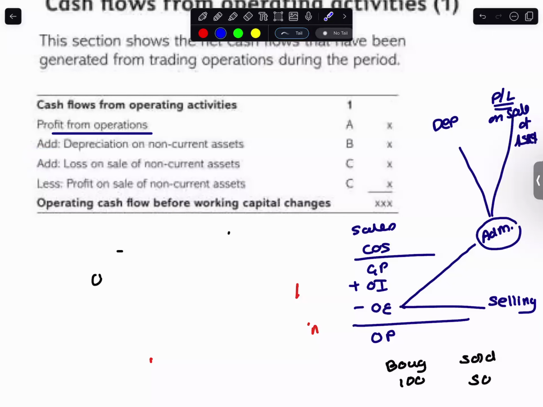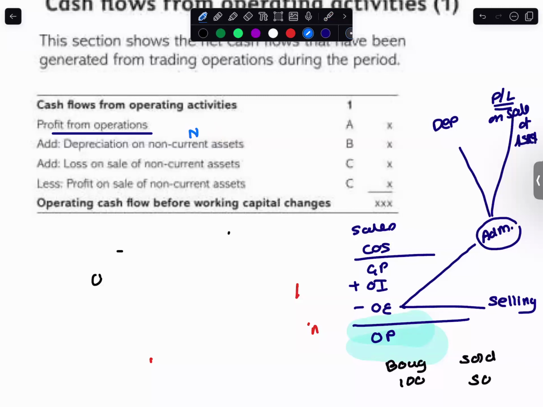Digest it. I already removed these two things while arriving at this operating profit. What I removed has no connection with inflow and outflow of cash, so I add it back. So you add the depreciation and loss on sale of non-current asset. That is, you add back the non-cash expenses and non-operating expenses.